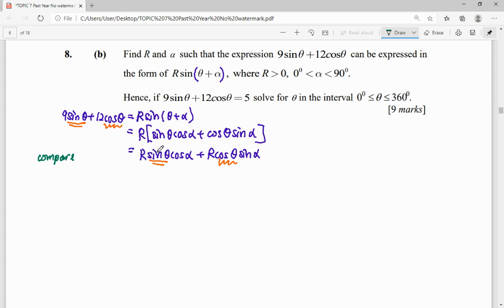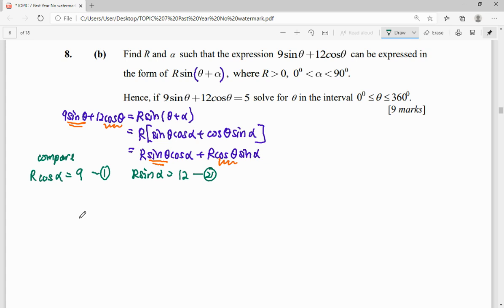So R cos alpha here will be equal to 9. Meanwhile, for the second terms here, our coefficient for cos theta will be 12. So the coefficient for cos theta will be equal to R sine alpha. So R sine alpha will equal 12. That will be our second information.